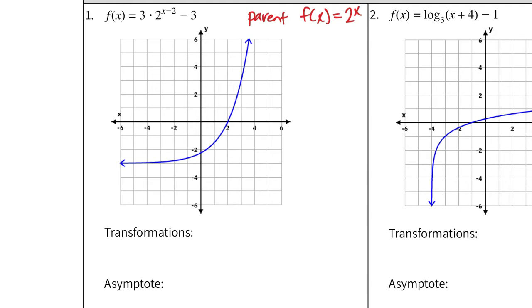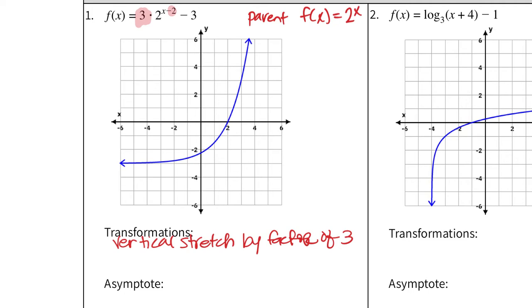So first off, this 3 in the front, that is a vertical stretch by a factor of 3. Okay, the next thing would be this minus 2 that's up here in the parentheses.